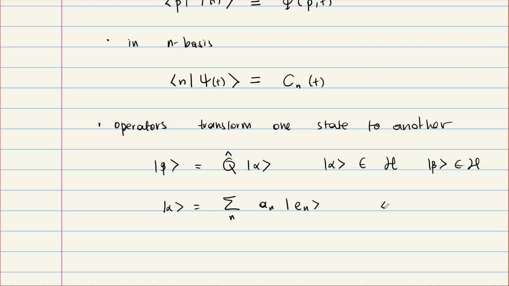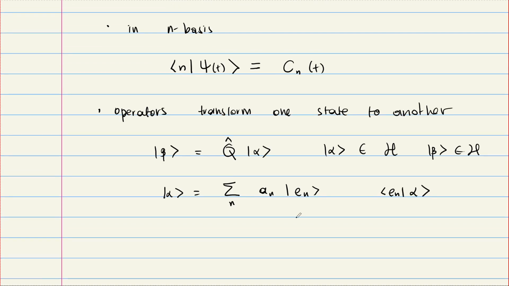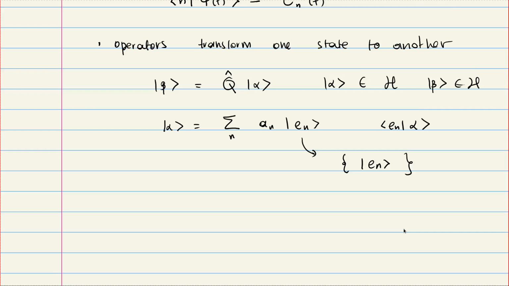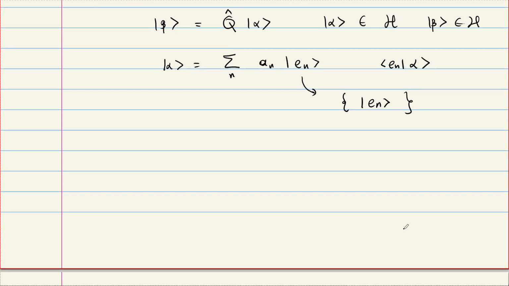The expansion coefficient is immediately <e_n|alpha>. And here, my orthonormal complete basis is denoted by these e_n. And similarly, I can do the same thing for beta. So this is going to be some b_n, e_n, and the expansion coefficient is immediately <e_n|beta>.